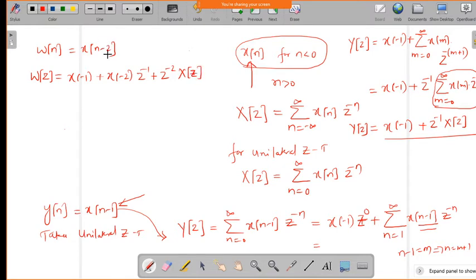Whatever the value of the shifting of the signal, till that value you can stop and write. A similar procedure you have to follow.